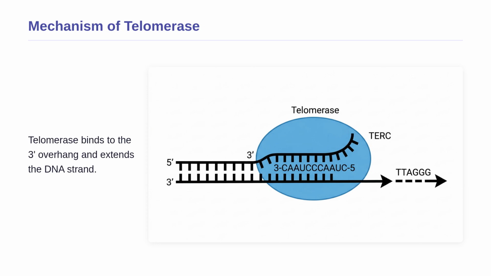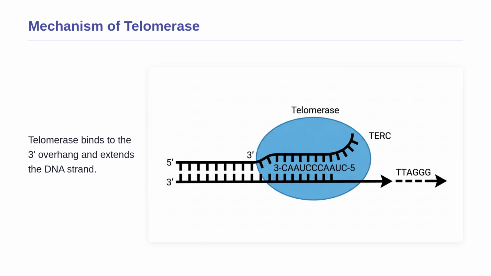Let us visualize exactly how this enzyme works. On screen, you're looking at a schematic of the telomerase enzyme binding to the end of a DNA molecule. Notice the linear, double-stranded DNA on the left, which ends in a single-stranded 3' overhang. The large oval represents the telomerase enzyme.